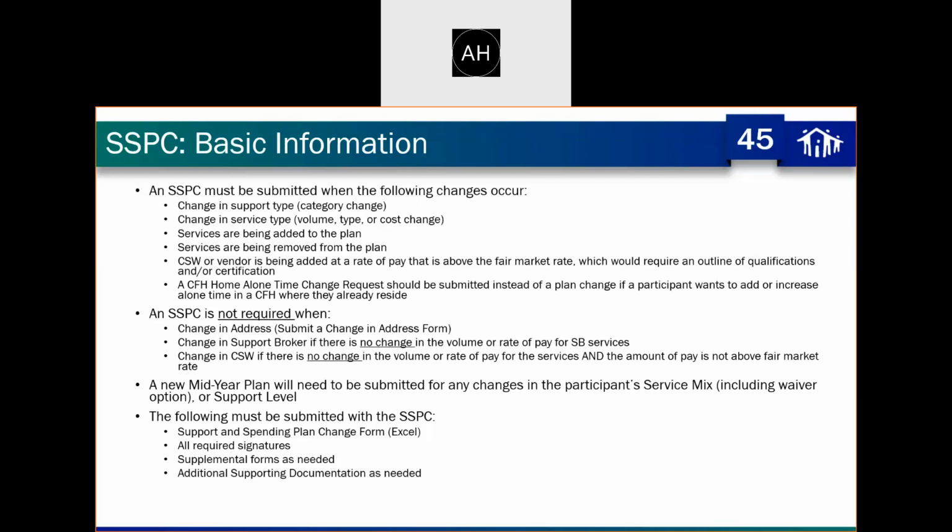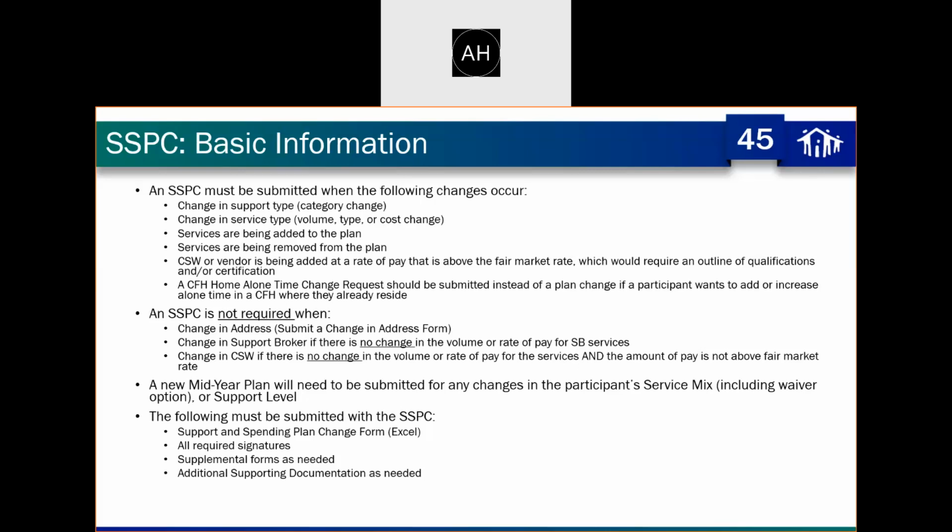A support and spending plan change is not required if there's a change in address, if there's a change in support broker with no change in the volume or rate of pay for support broker services, or if there's a change in CSW with no change in the volume or rate of pay for the services and the amount of pay is not above fair market rate.